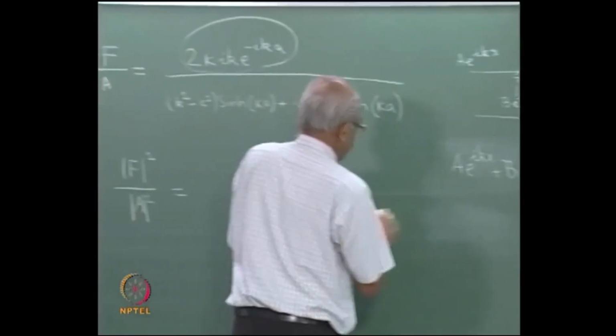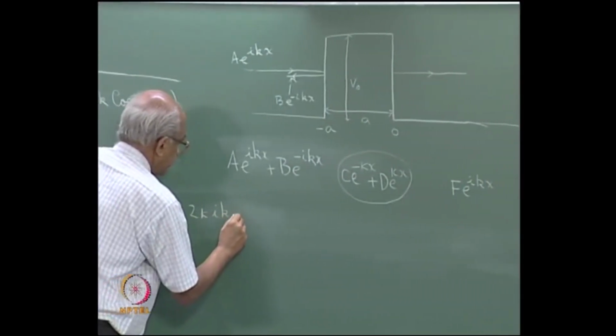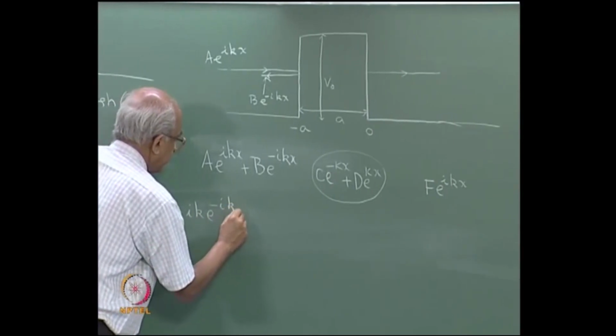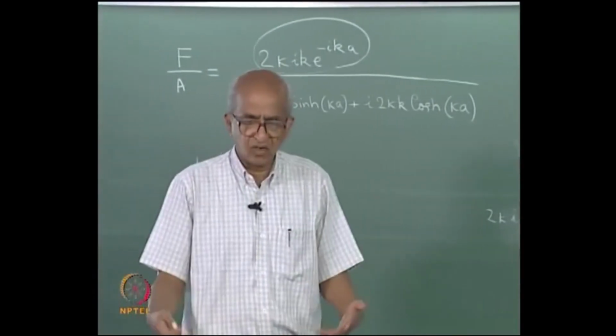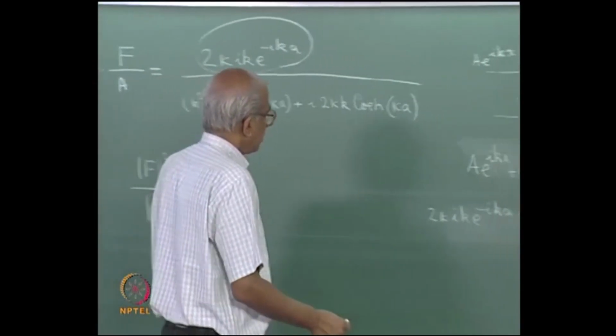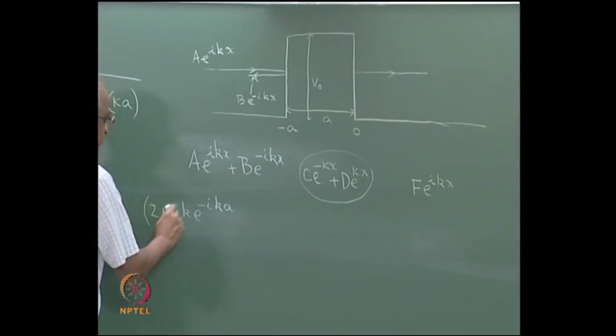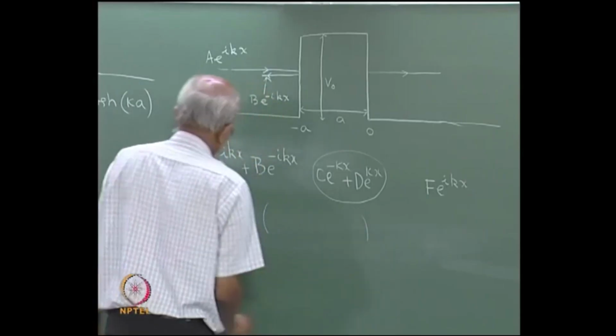So you see, you have 2 kappa i k e to the power of minus i k a. So this is a complex number, and if you had any complex number, how will you calculate its magnitude square? All that you need to do is you take the number, multiply it by its own complex conjugate.